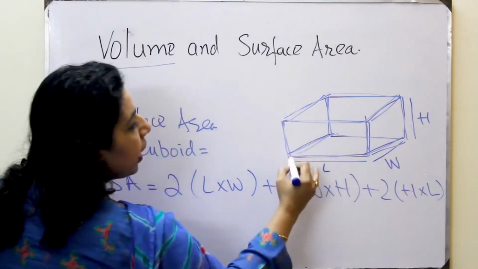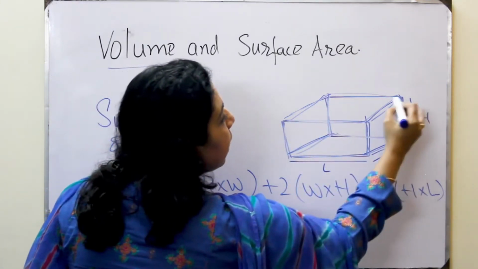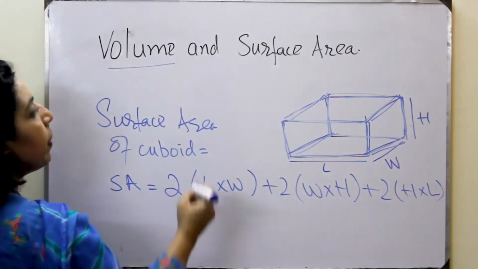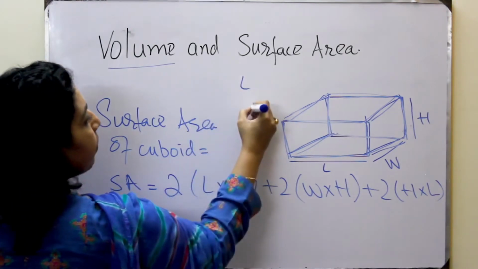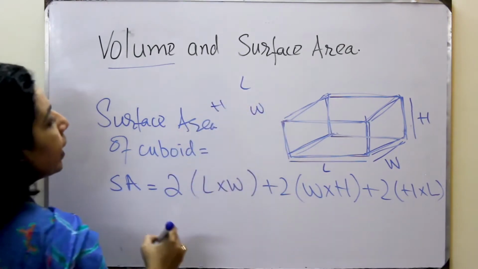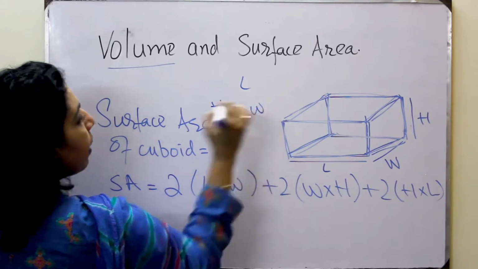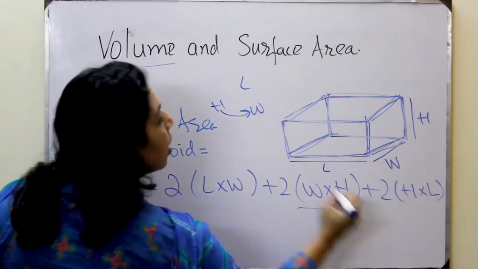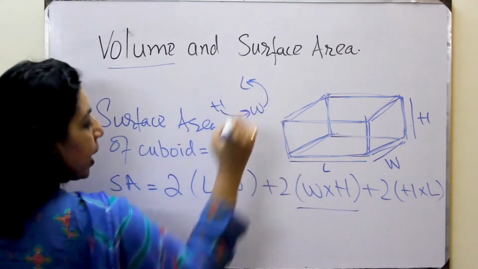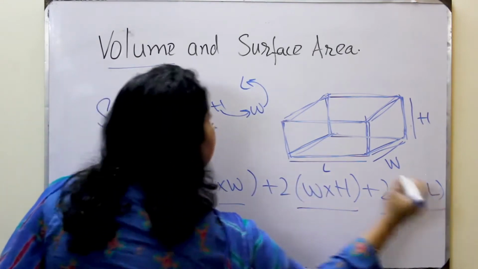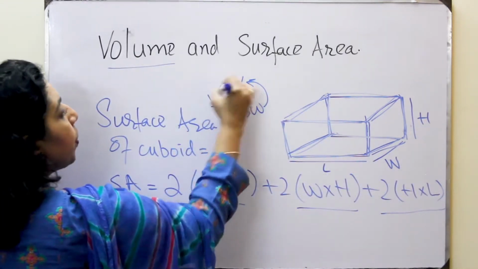You can also remember this formula as LWH: multiply W with H twice, multiply W with L twice and multiply H with L twice.